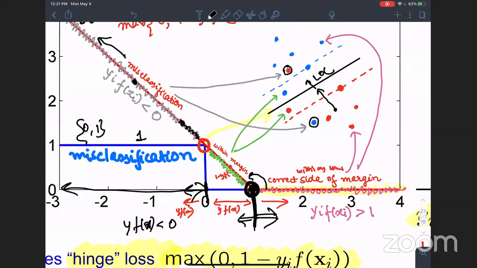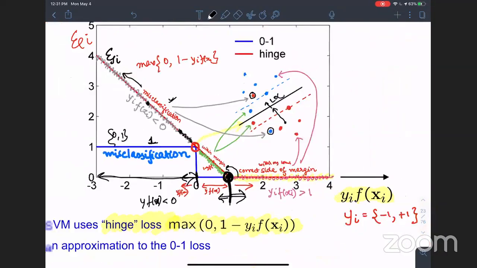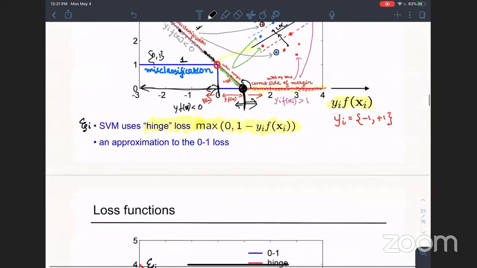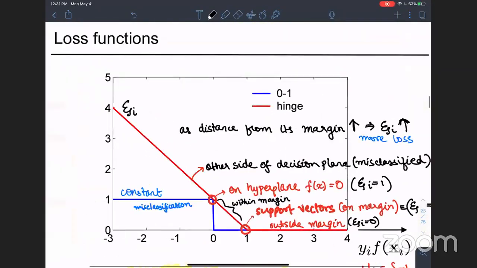That is why it's not a great measure compared to hinge loss, because at least hinge loss penalizes proportional to how far you are moving from your territory into the other man's territory. Whereas a 0-1 loss assigns a constant loss of 1 for misclassification. So that's why we stick to hinge loss, and that has its own benefits. It's a better approximation of 0-1 loss, where you penalize based on all these things.